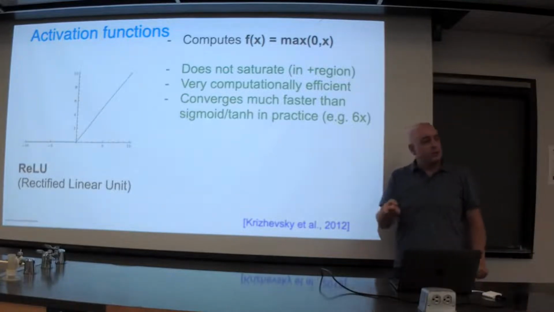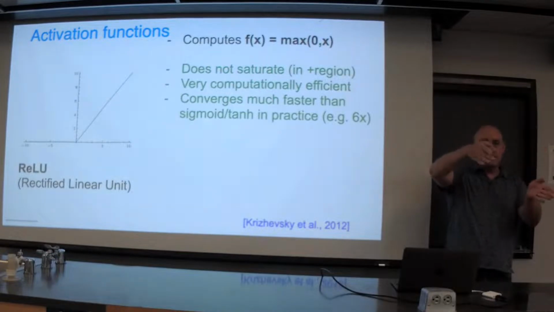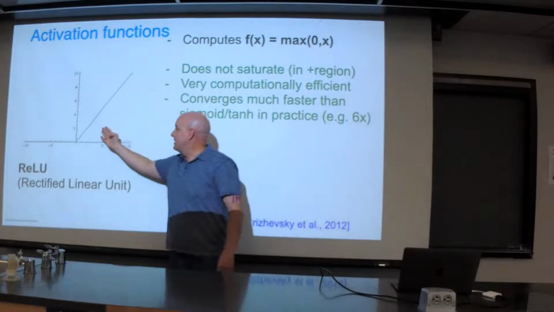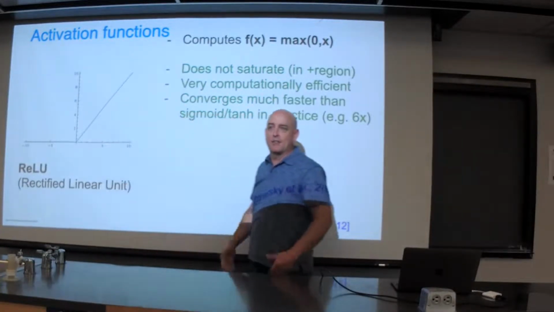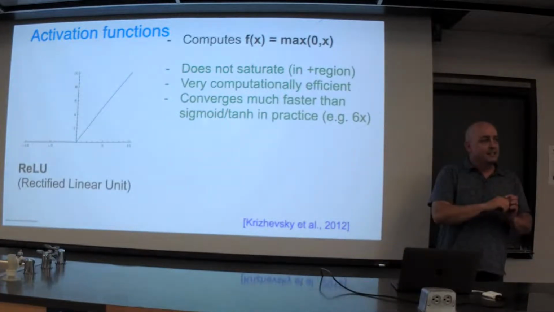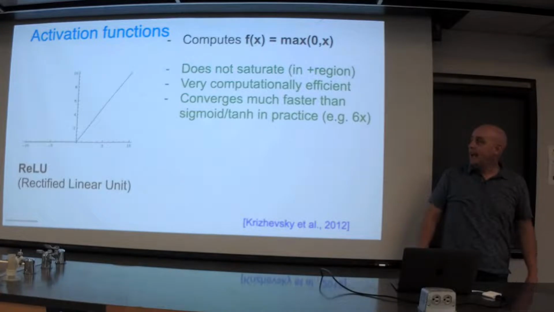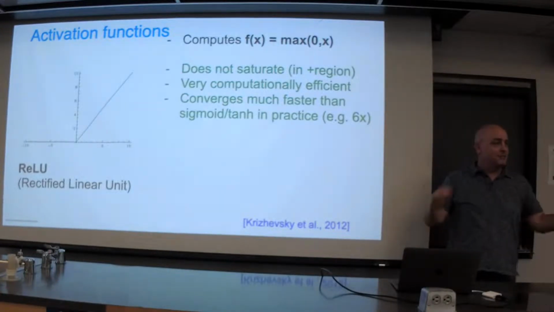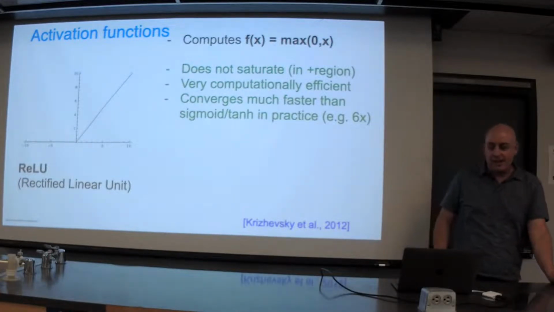Because remember, what we're trying to do is add in nonlinearities between linear layers. This is maybe the most linear nonlinearity you could think of, right? It's piecewise linear. That's it. I think that's kind of weird.